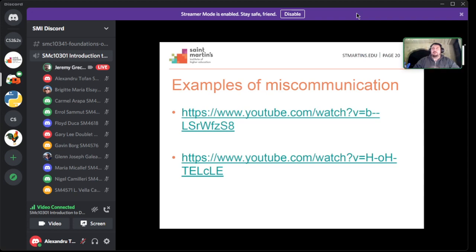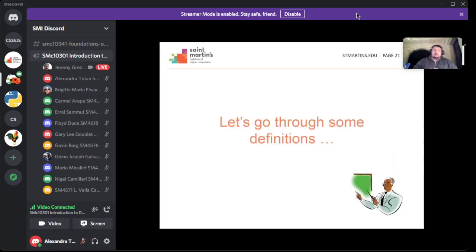So, with all that being said, what I would like to do now is go through a number of different definitions in order for us to understand what we're going to be talking about when we use certain terminologies and terms, so that we're up to speed with the jargon.